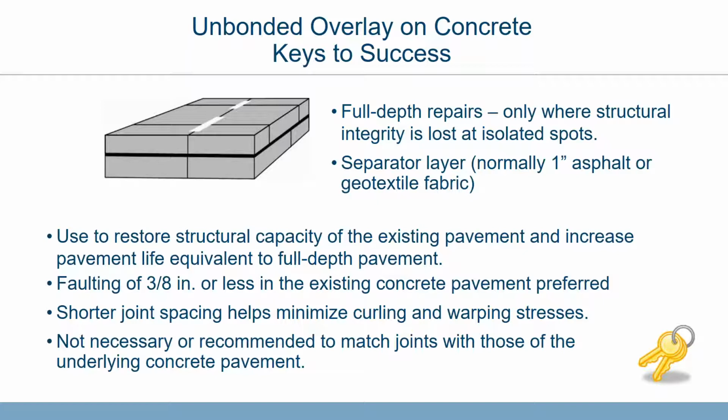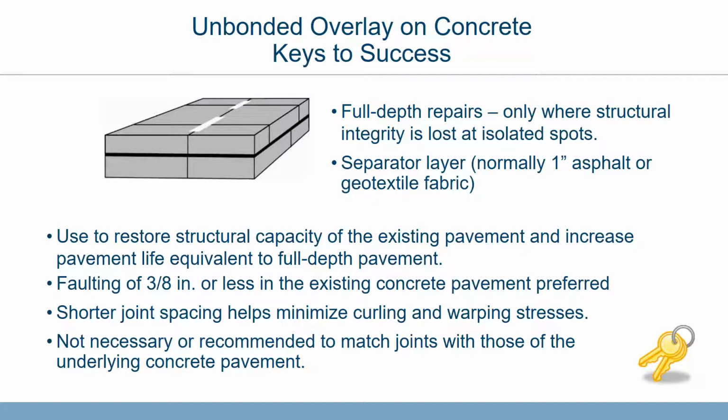We try to suggest that we have faulting that would be 3/8 inch or less in the existing concrete, so we don't get a keying action between the unbonded overlay and the concrete pavement that we're laying the overlay on.